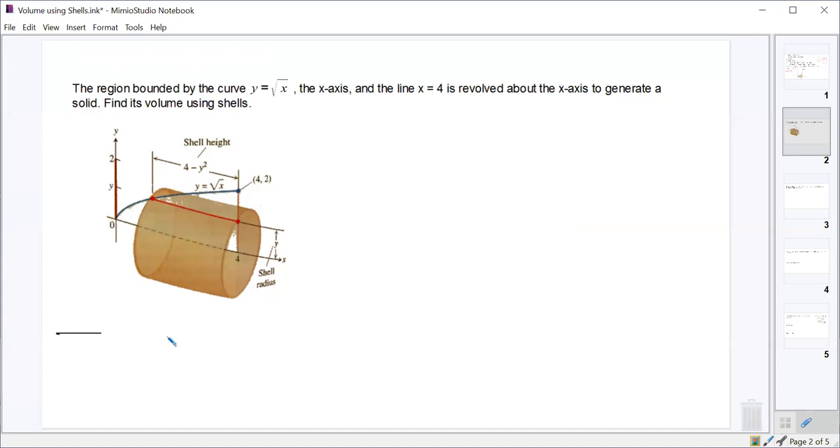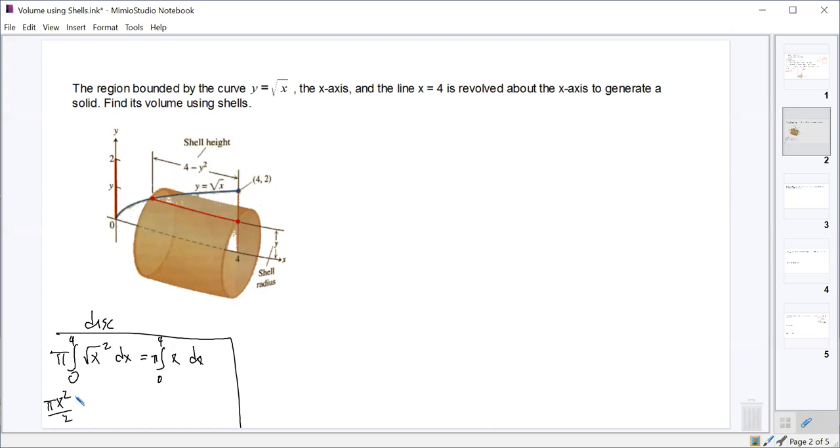In fact, let's do it the other way real quick. If we were doing it using a disk, it should be pi times the integral from 0 to 4 of our radius, which is root x, squared, which would give us what?